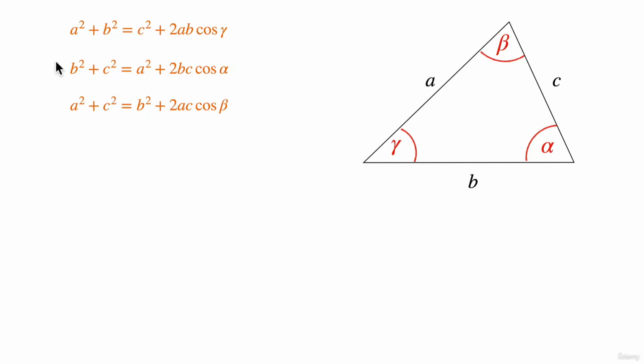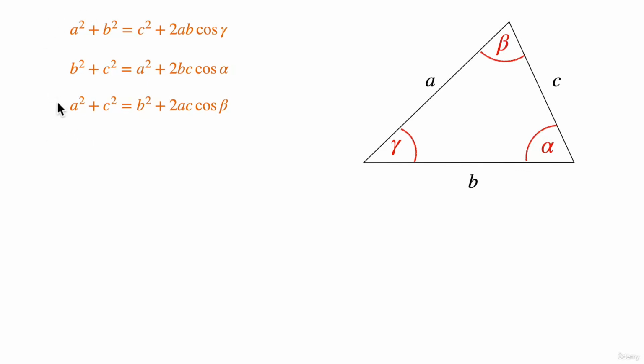So you see that you have 3 rules which are actually more general than the Pythagorean theorem. So now you know the statement of this cosine rule, or rather 3 cosine rules.